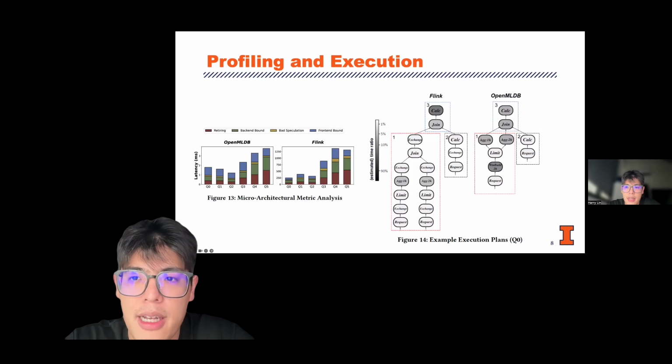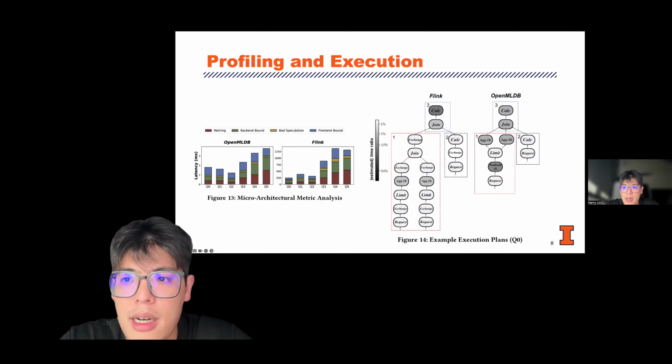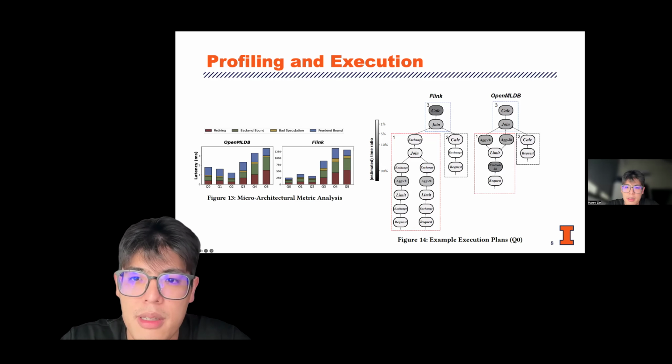Now if we look at figure 14, we can see how OpenMLDB used smart planning to solve this hardware problem. Let's use Q0 as our example. For the windows used in query 0, we need data from both a 1 hour and a 2 hour window.